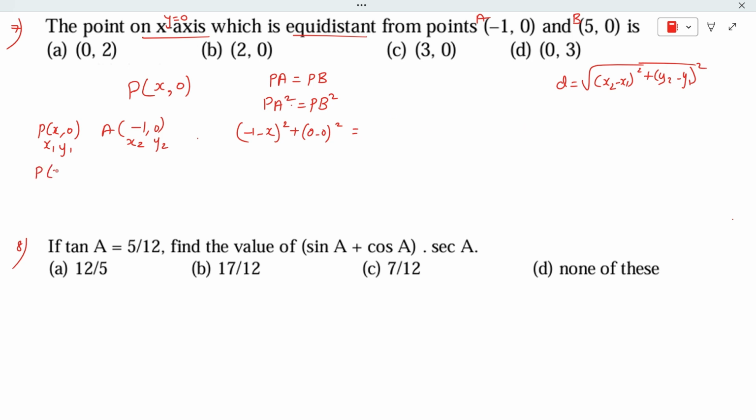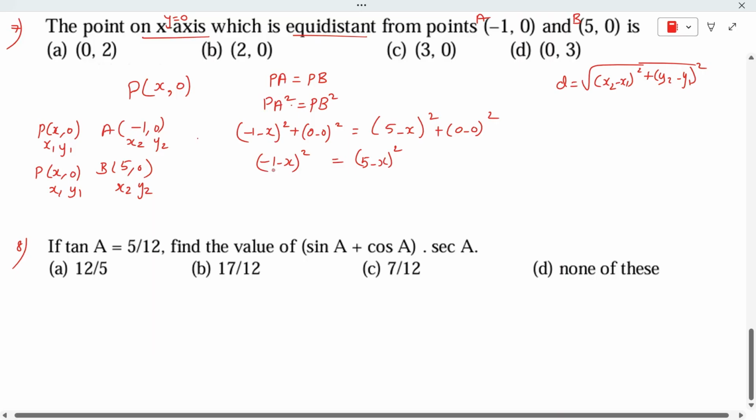P is again x comma 0 and B is 5 comma 0. So 5 minus x the whole square plus 0 minus 0 the whole square. If you remove the zeros, minus 1 minus x the whole square will be equal to 5 minus x the whole square.